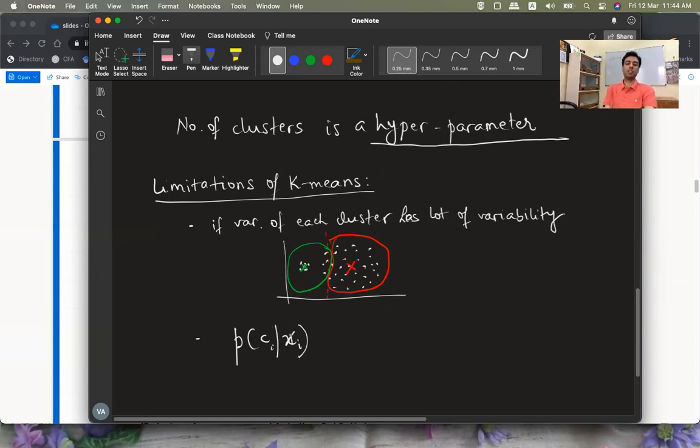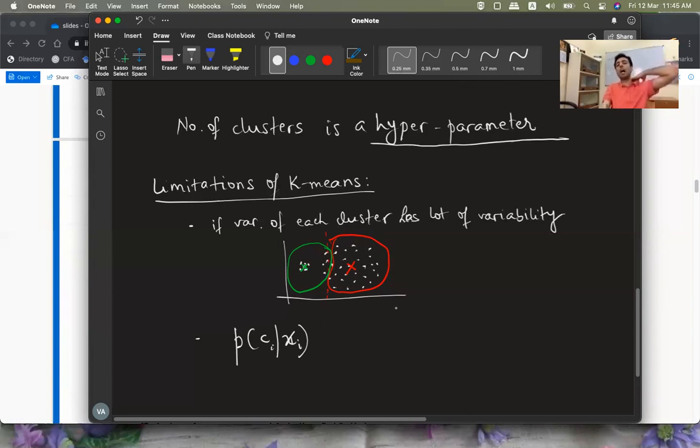So now you see these points belong to the margin of this centroid, whereas these points are well inside the cluster. So if I want to estimate the probability distribution, then I cannot get it from k-means clustering.